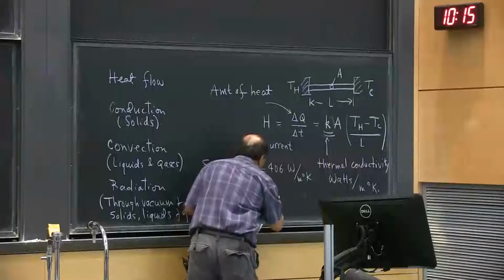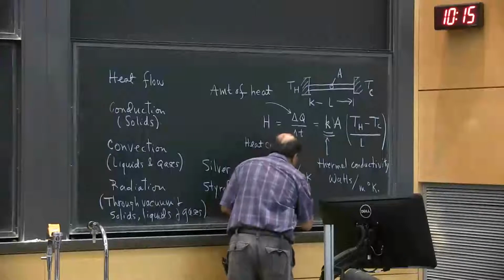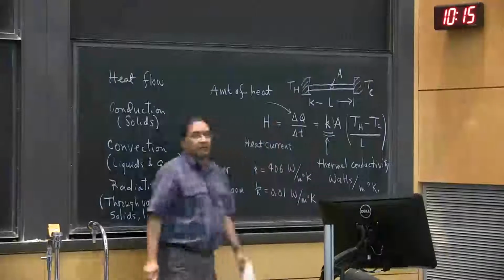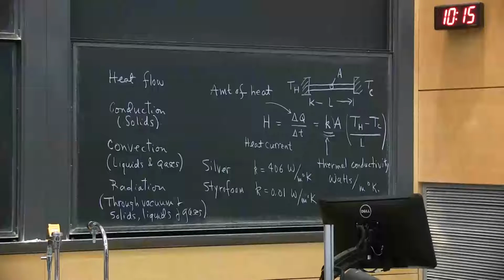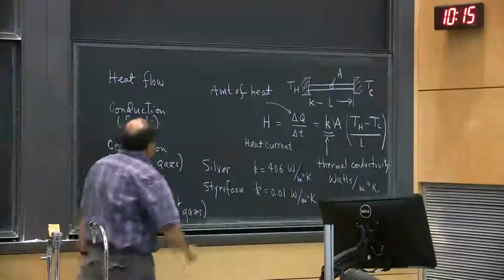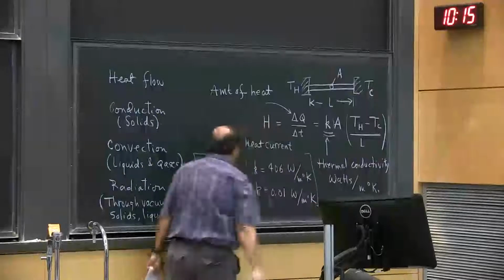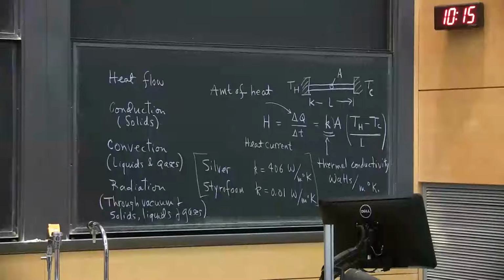Then this K is 0.01 watts per meter degree Kelvin. That's just to make sure people don't get burnt easily by their coffee or whatever it is that they're having. But there are other materials than styrofoam that are environmentally friendly. This one is not environmentally friendly at all. It does screw up our climate quite a bit. So that's just to give you a sense of numbers.